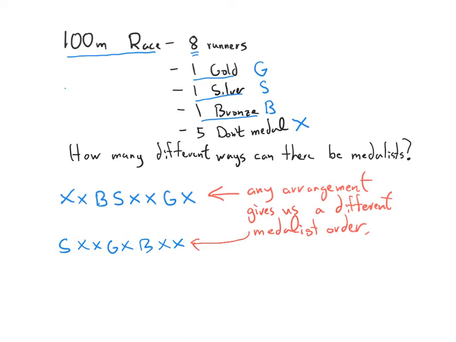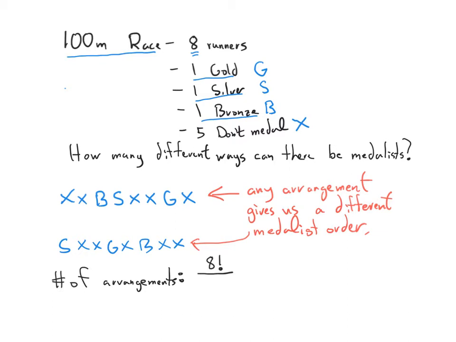Well, we know how to do this from the previous video. So the number of arrangements: there are 8 letters in total, so 8 factorial up top, and we have to divide by the factorial of the number of each symbol.